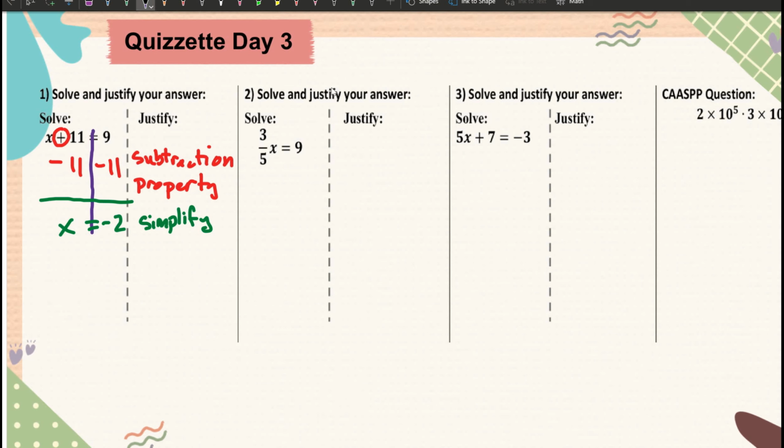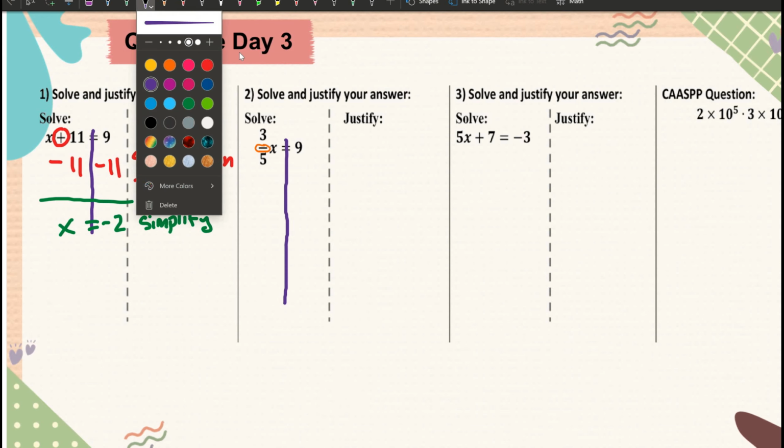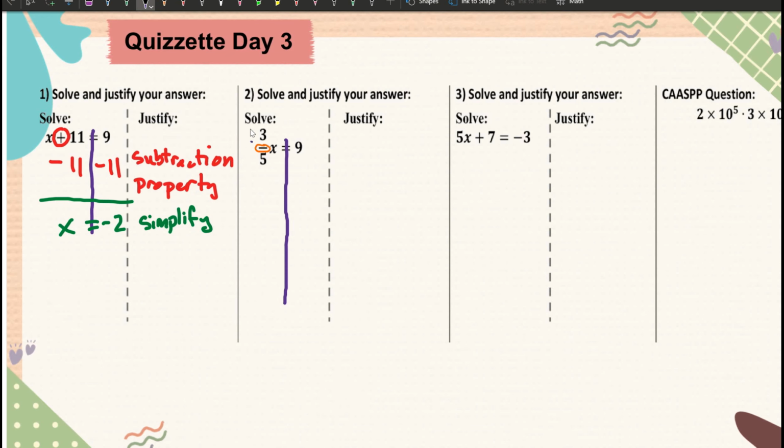Number 2, to solve for the unknown, in this case we need to get rid of the fraction. So 3 divided by 5 times x. The operation here is division. So what we're going to do is multiply 5 to both sides. Justification: that will be multiplication property.